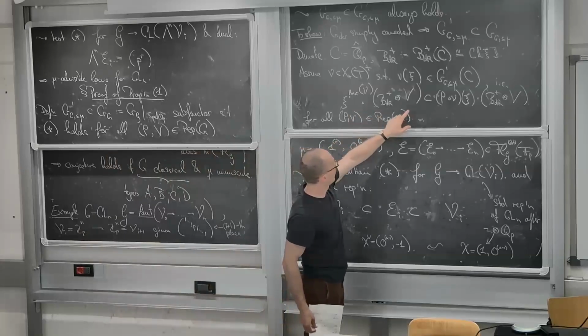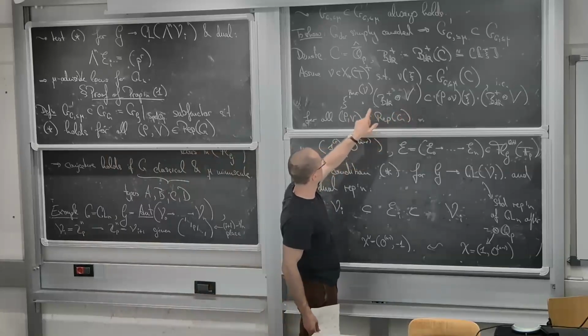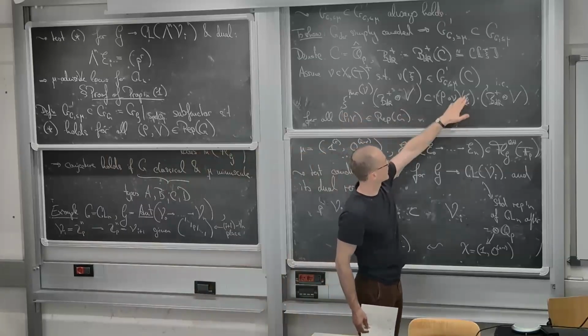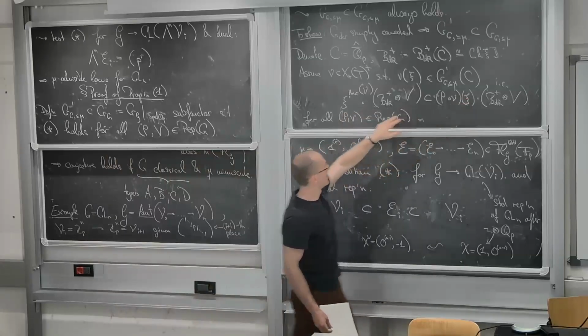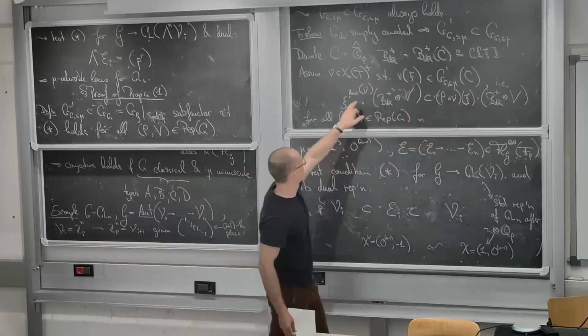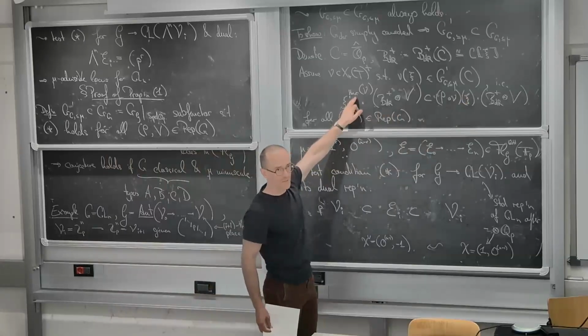So what does this inclusion here mean? This means that all psi powers that appear here cannot get too large, and too large means they cannot get larger than that number here.